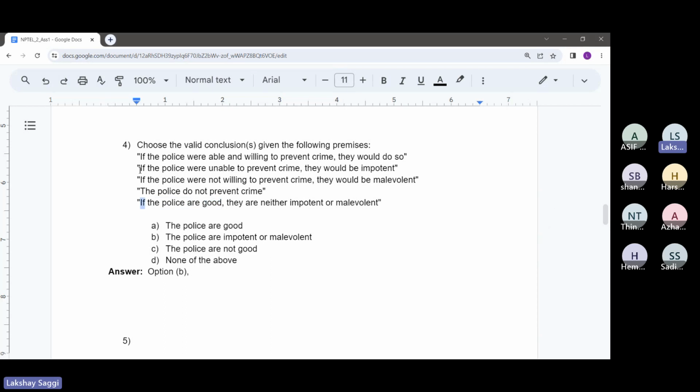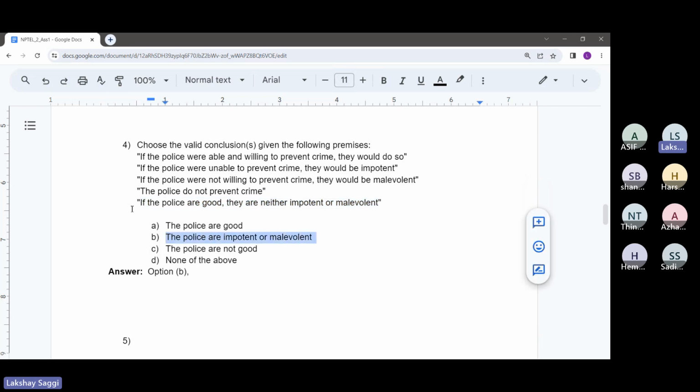Since the contrapositive is the same as the original statement, this statement can also be interpreted as if the police are impotent or malevolent, then they are not good. So we have already shown that police are impotent or malevolent.